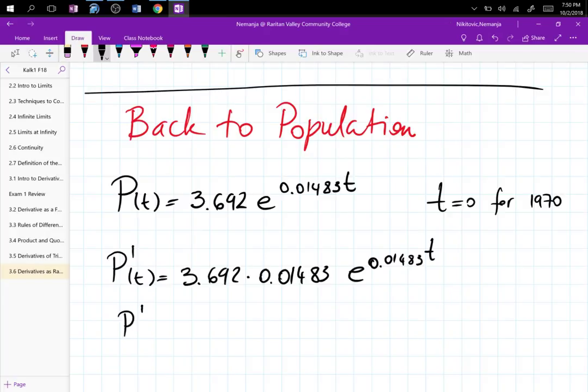We get our derivative P prime of t to be 0.05455, it's fine, times e to the 0.01483t.